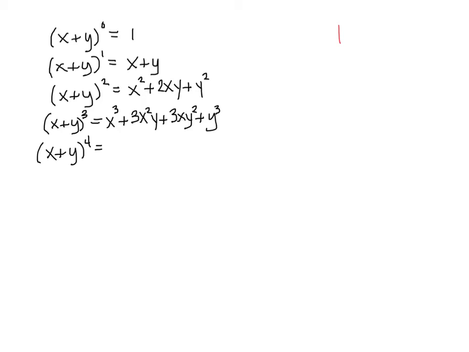So I'm reading across here from x plus y to the 0 power, that equals 1. The coefficient of 1 is 1. In this next row, where we have x plus y, the coefficients are 1 and 1. In the next row, x squared plus 2xy plus y squared, the coefficients are 1, 2, and 1.